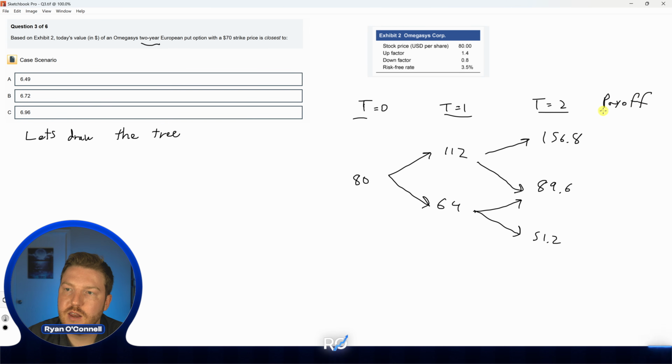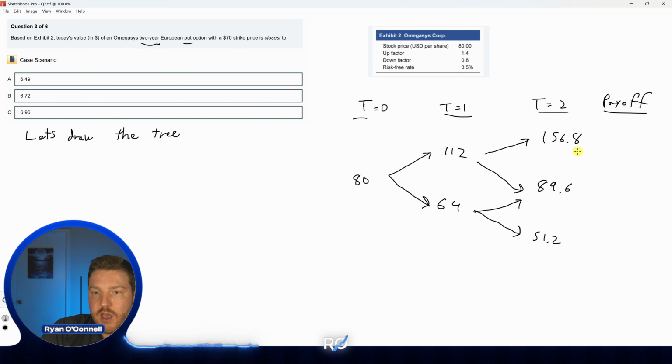Now that we have all of these, let's figure out what our payoff would be in any of these situations. We're saying the strike is 70, and it's a put option. Puts actually benefit from the price falling. You wouldn't be able to exercise a put if the strike was 70 and the underlying price was 156.8, so the payoff would just be 0.